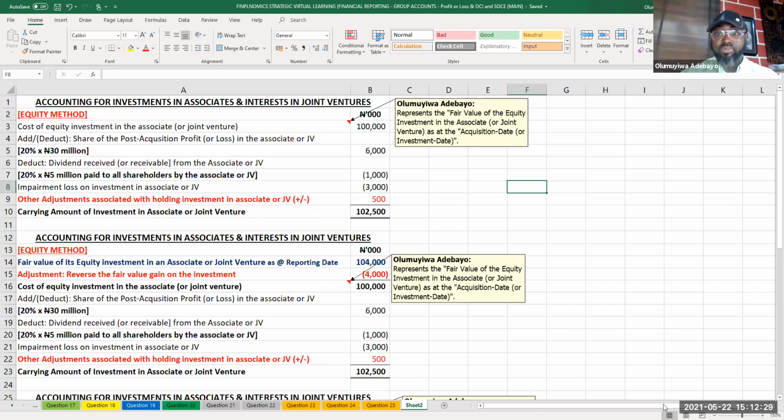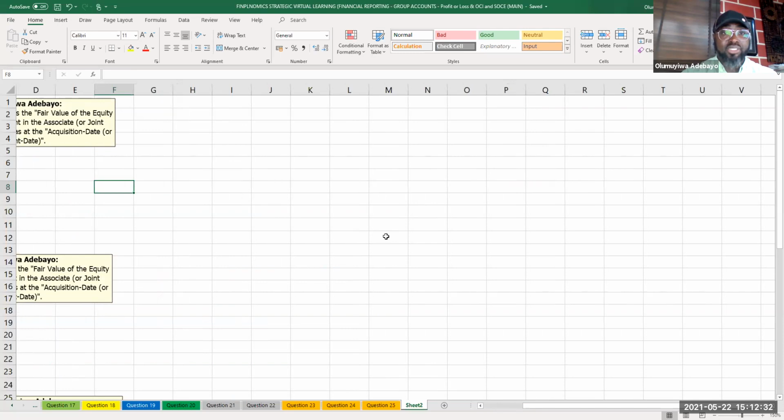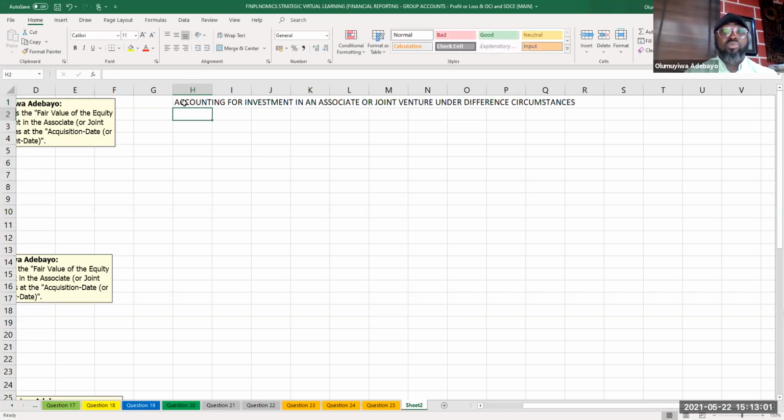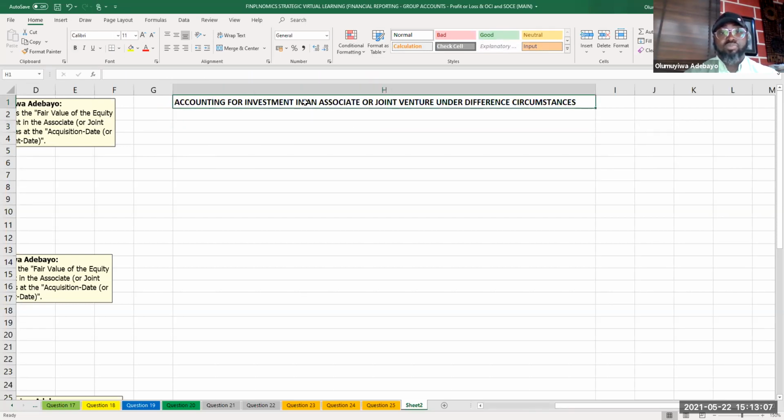Now, let me give you a clue on something. Accounting for investment in an associate or joint venture under different circumstances. Now, what are the circumstances?